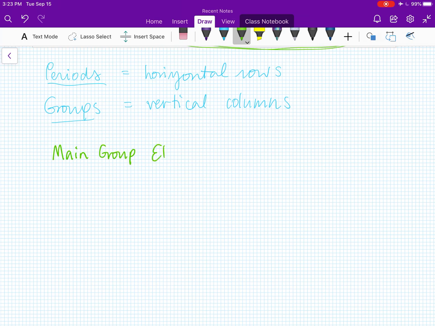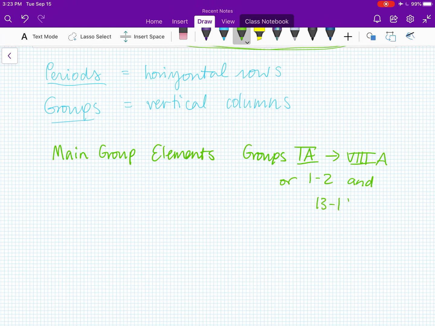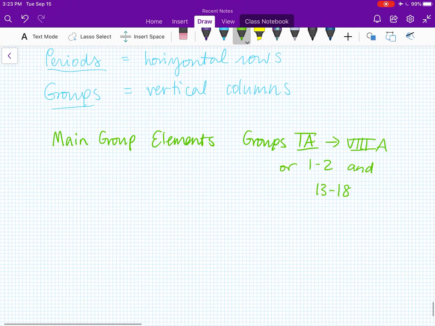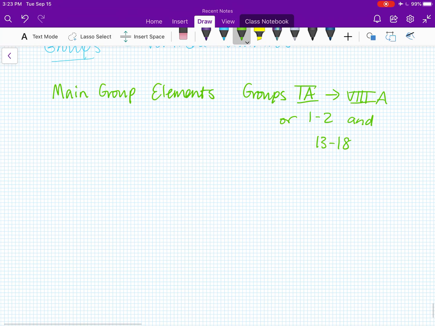So the main group elements are groups 1A in the Roman numeral nomenclature to 8A, or 1 to 2, and 13 to 18 in the newer nomenclature. So group 1/1A.